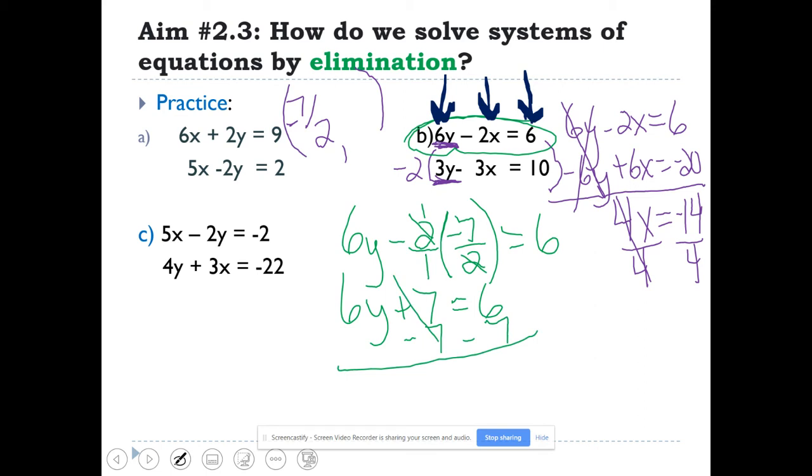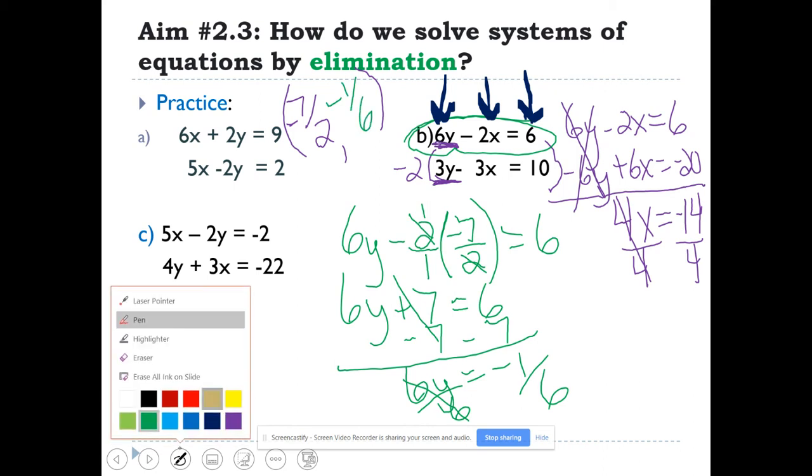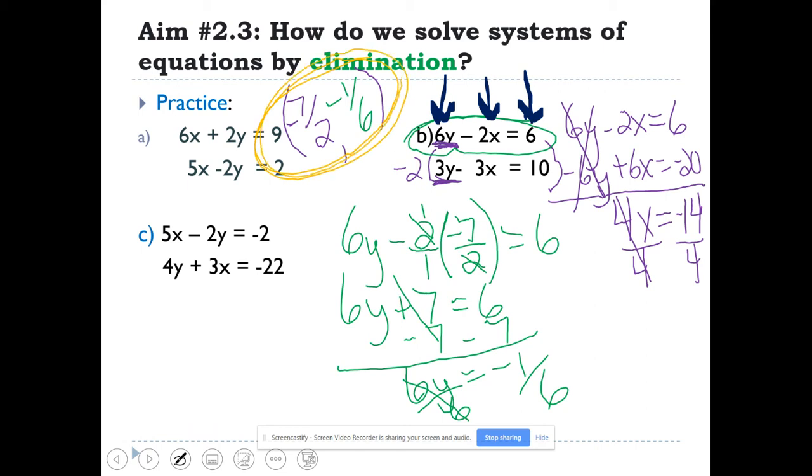Subtract 7 to the other side. And we get 6y equals negative 1. Divide by 6. And our y value is negative 1/6. This is the solution to our system.